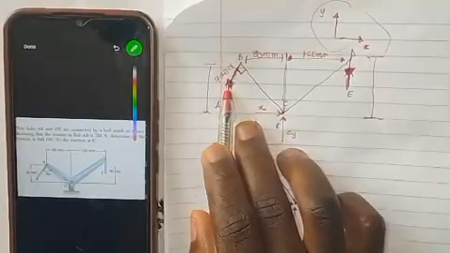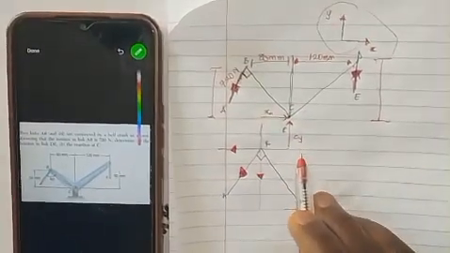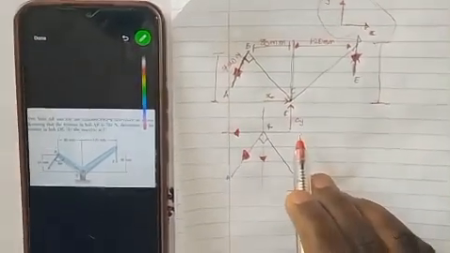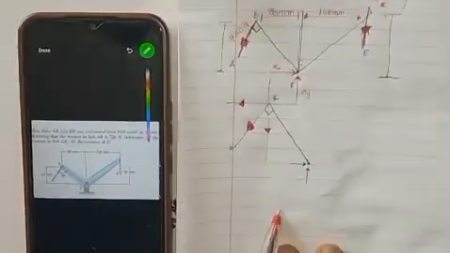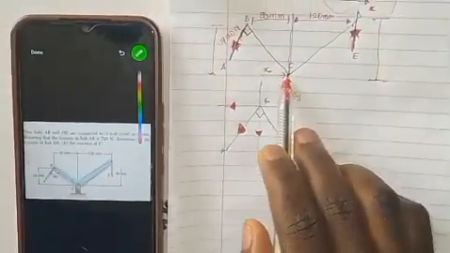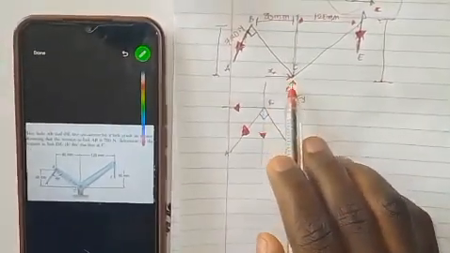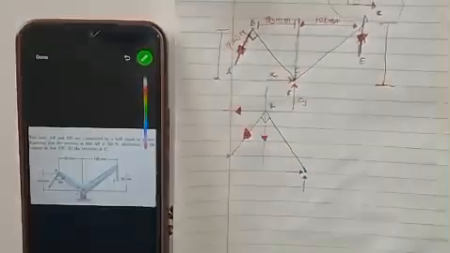And if I said these two are acting upward, that means the reaction here is acting downward. That's the reason why for every action there must be an equal and opposite reaction. Newton's third law. So in case you are using the upper reaction, this reaction here will be acting downward, and this one will be opposing this.